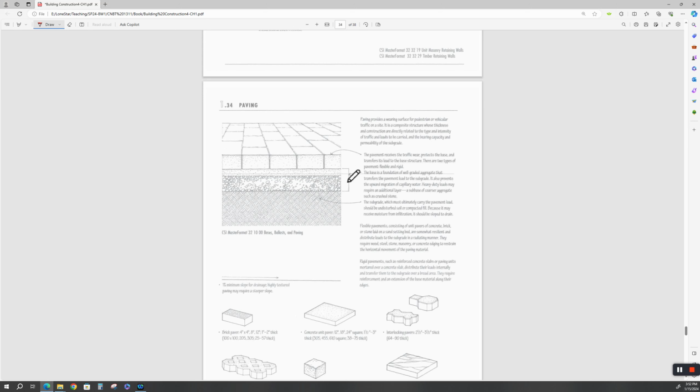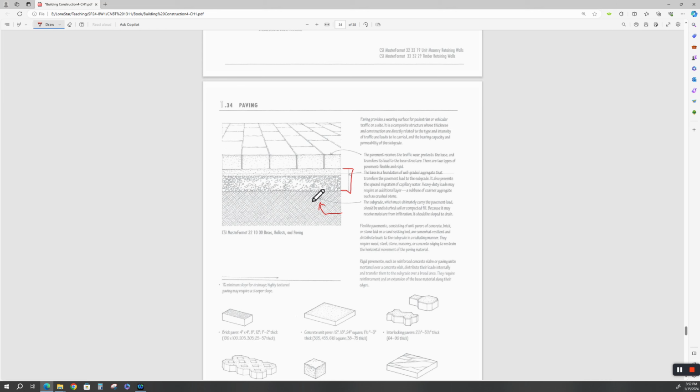You've got what I call the base, which is your foundational element, and this is your subgrade, which is your main structural stuff. Depending on what your base is, that's going to transmit the load to your subgrade, and it also hopefully prevents upward migration of capillary water, because it'll allow it to run through here.